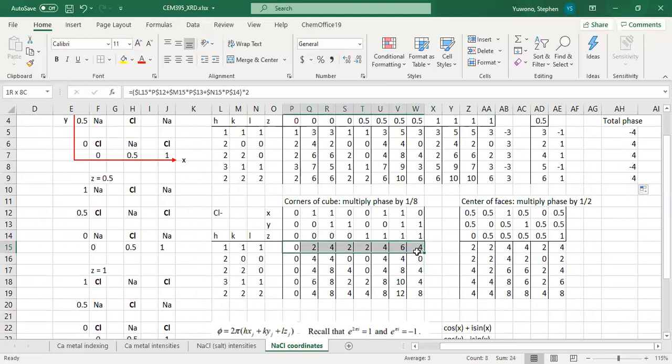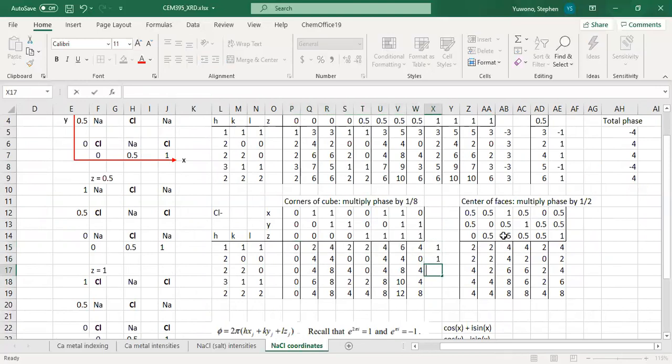So this one has 8 times 1 divided by 8. So everything here is going to be 1. Here we have 6 of them, but we have to divide by 2. So it's going to be 3. 3 of them. So as you can already expect, the total contribution here is going to be added together.